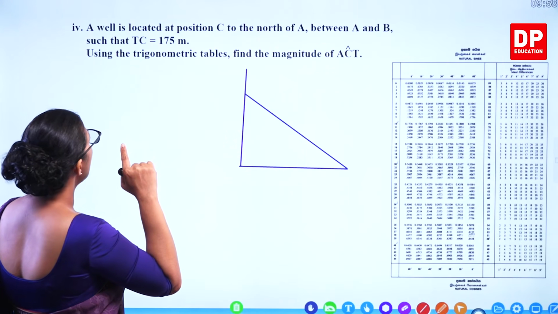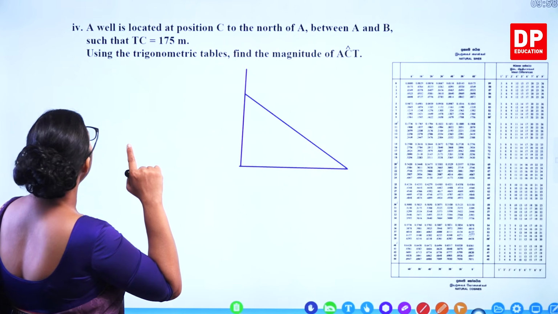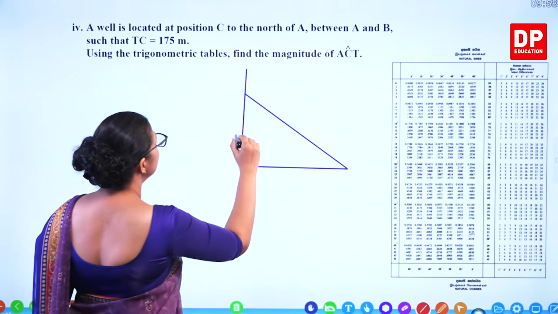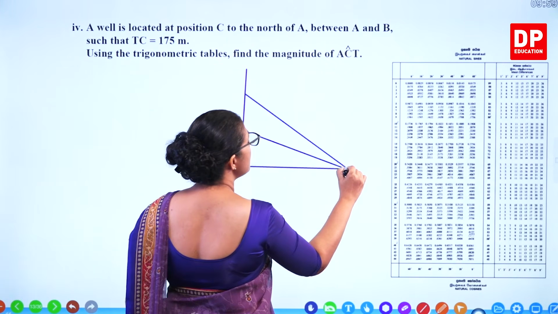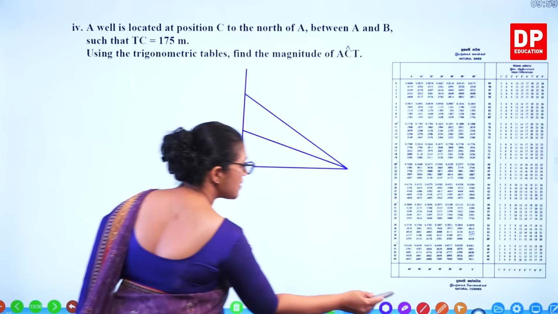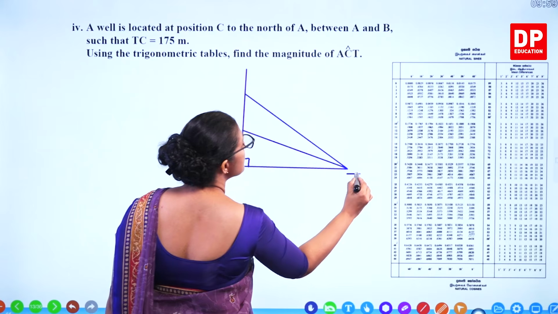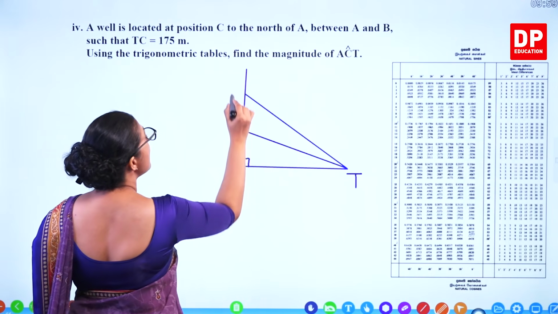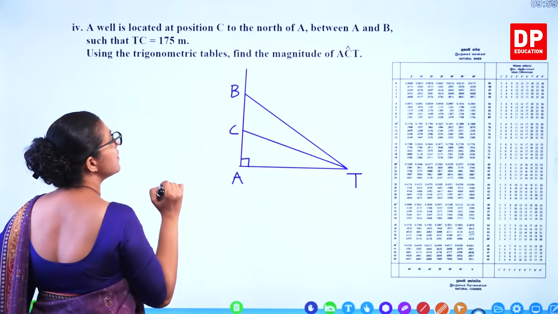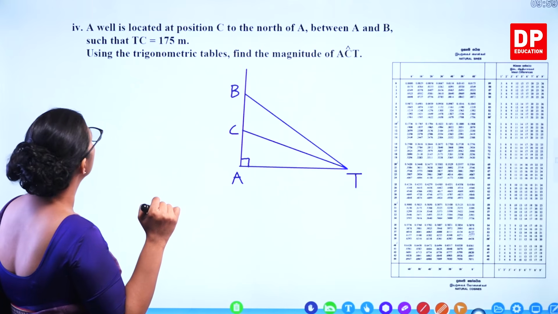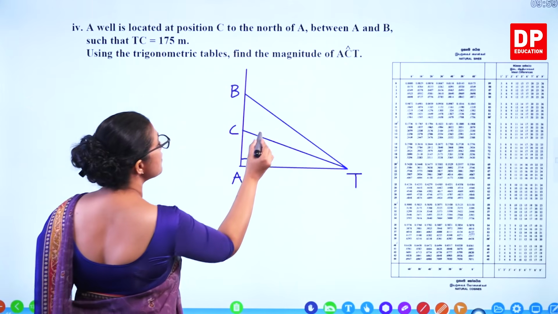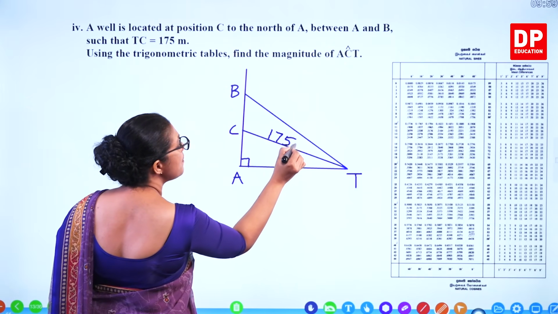And it says north of A, between A and B, such that TC is equal to 175. This is T, this is A, earlier B, now C is here. TC is 175. So this is 175 meters.